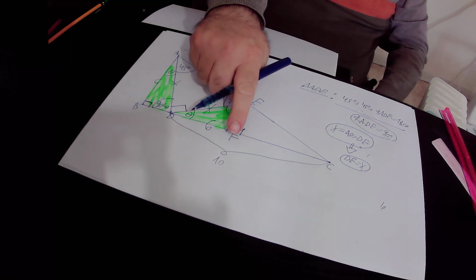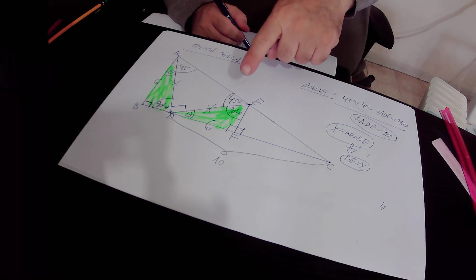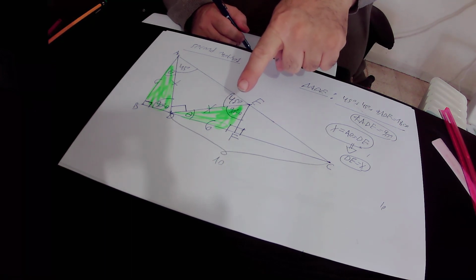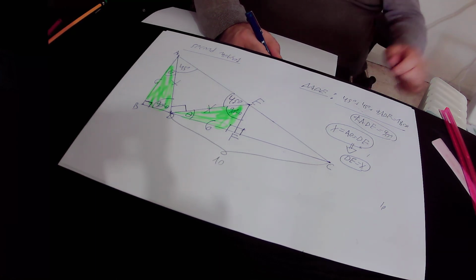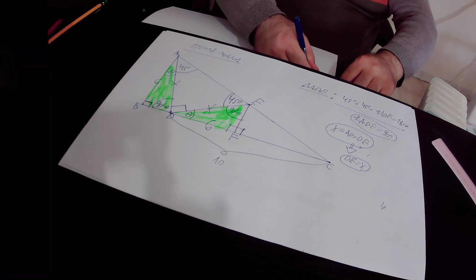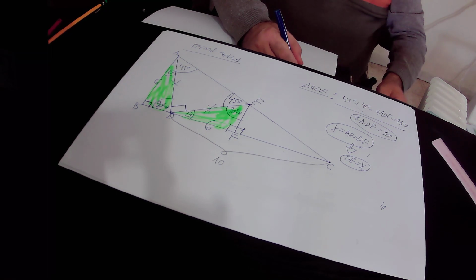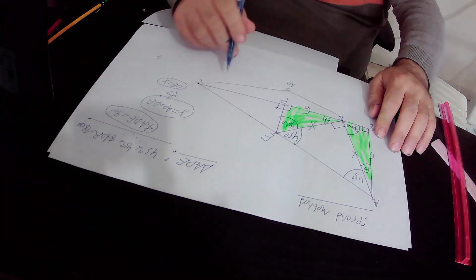DC equals 10 units. We just found out that DF equals 6 units. In conclusion, FC equals 10 minus 6, that is 4. FC equals 4 units.